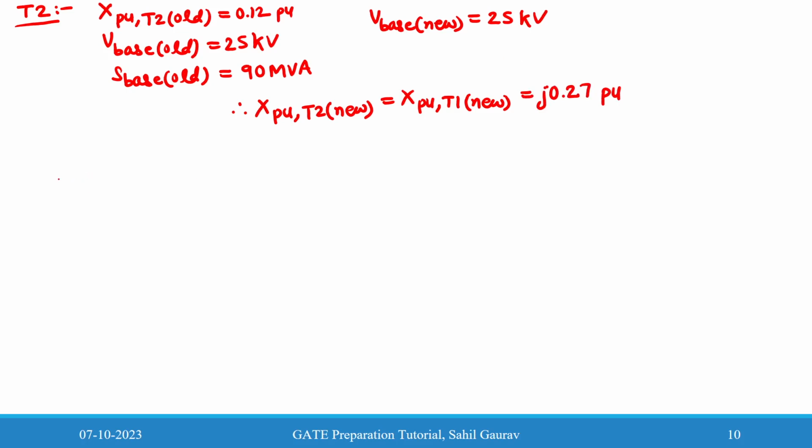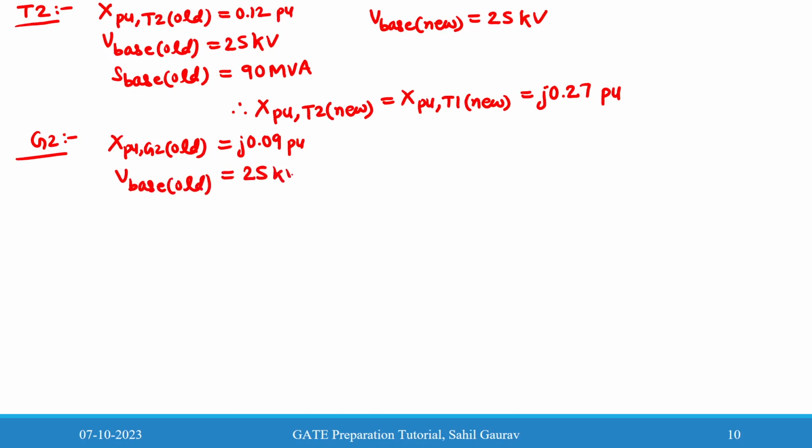Now we are going to find it for G2. For G2, the given reactance per unit value is j0.09, V base old is 25 kV, apparent power old value is 100 MVA, and V base new will also be the same, 25 kV.